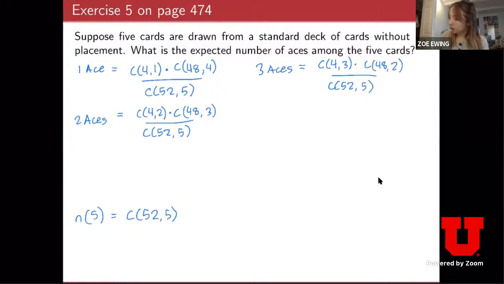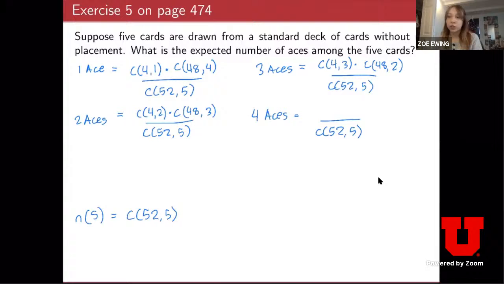Okay, and then the last one is we want 4 aces. So we'll put this in the denominator, and what is our numerator going to be? So in this case, there's only one way to pick all 4 aces.